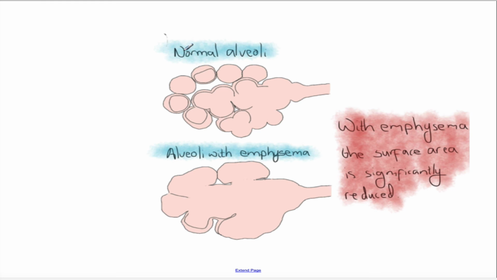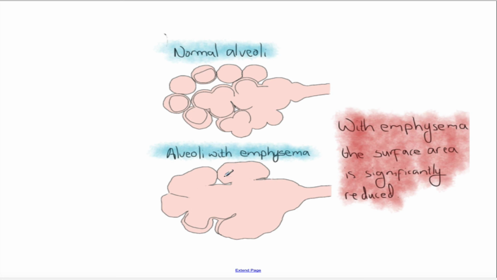Now with the repeated coughing, if I've tried to draw on here the normal alveoli, it always reminds me of a bunch of grapes, I guess, and that's what I've tried to draw there. So we've got lots and lots of these individual alveoli being shown up there, which gives a huge surface area for gas exchange to take place. But if you're constantly coughing, and coughing very violently, for many weeks and months and years, what actually happens is that these alveoli start to flatten out.